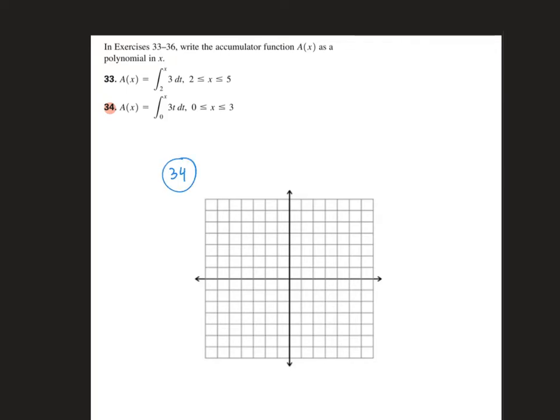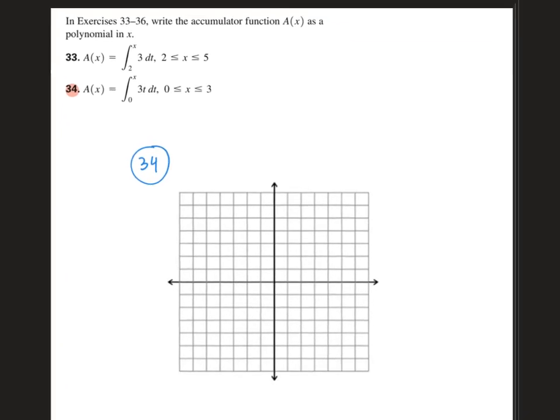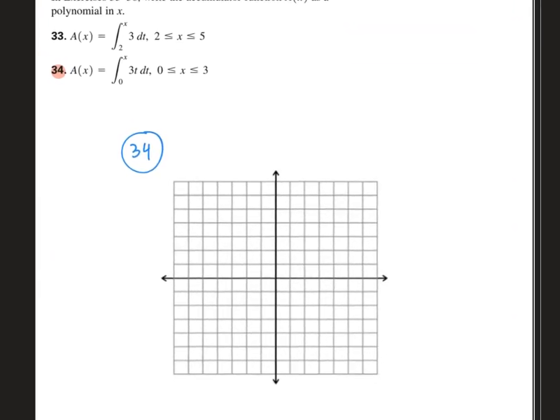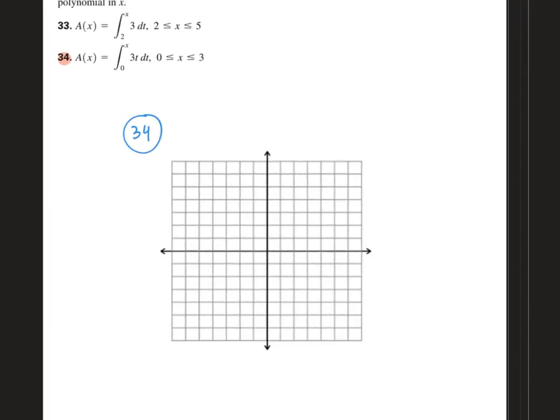Okay, so it's going to be pretty similar to those questions with the b's in it. So we'll write the accumulator function as a polynomial. The fact that this only goes from 0 to 3 is kind of irrelevant for what we're about to do. So let's say it goes from 0, and the function is 0 at 0.